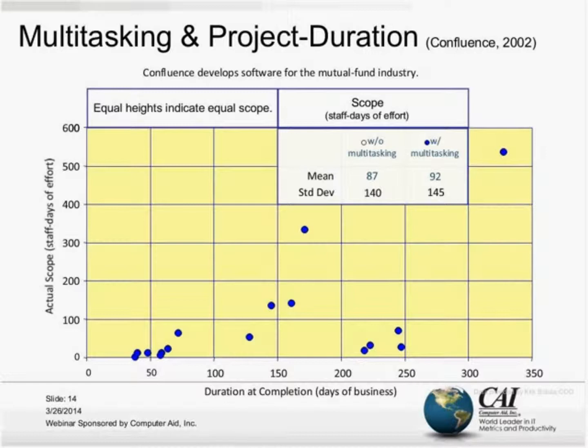You can see that the mean or average of the scope was pretty similar, 92 days in this case, and the standard deviation was 145. When we remove multitasking through a systematic process, which we'll get to in terms of what that process looks like, the results look like this.